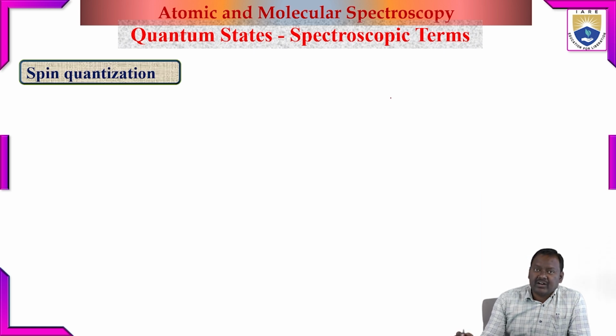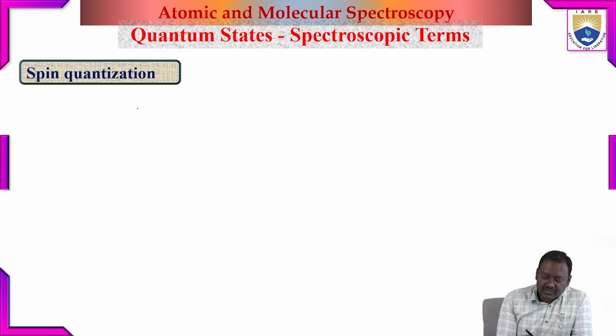So the electron can have two different directions of spin. Those are represented in a similar manner to the way we took the directions of orbital angular momentum.